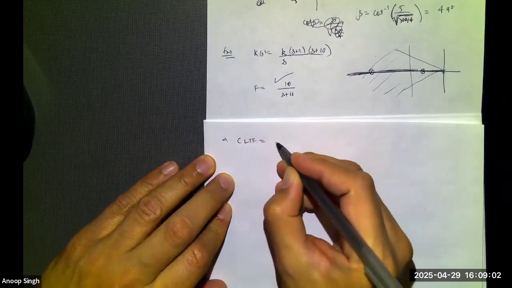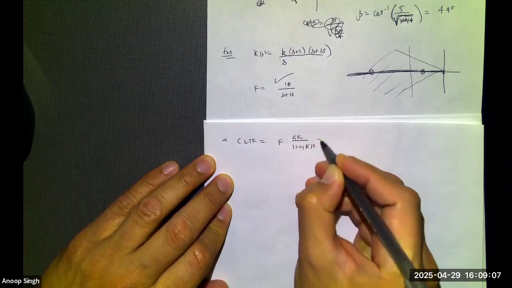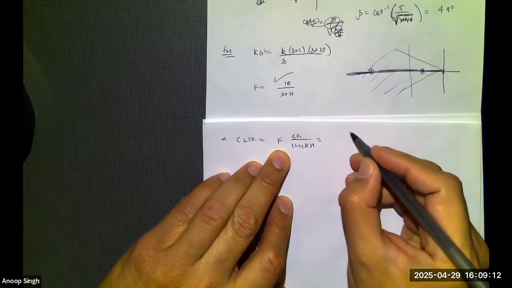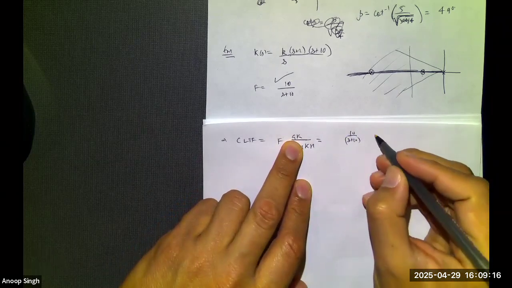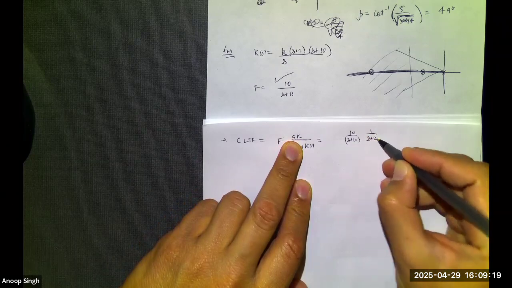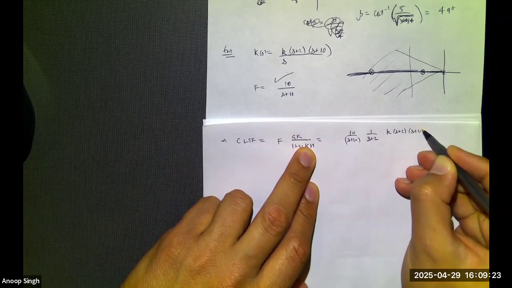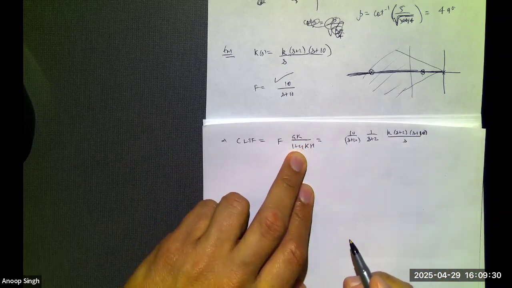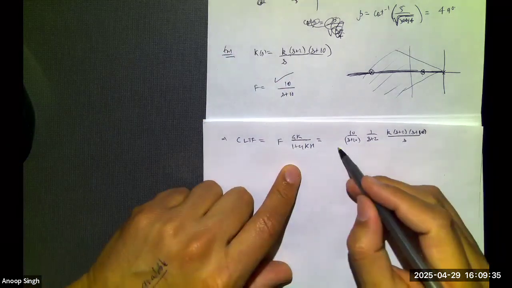The closed loop transfer function now is going to be F times GK over 1 plus GKH. F is going to be 10 over s+10. G is going to be 1 over s+2. And the controller is K times s+2 times s+10 divided by s. This controller is okay. Yes, it has more zeros, but then there's a pre-filter that cancels that zero, so F times K does not have more zeros than poles.